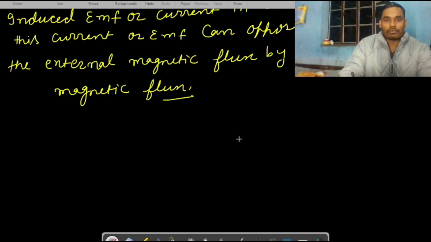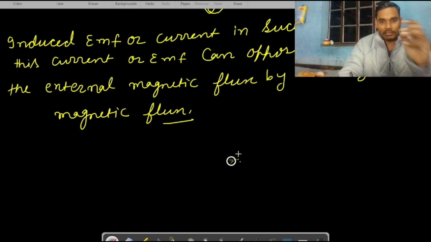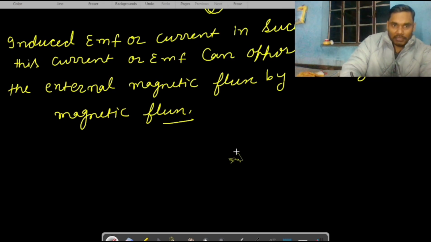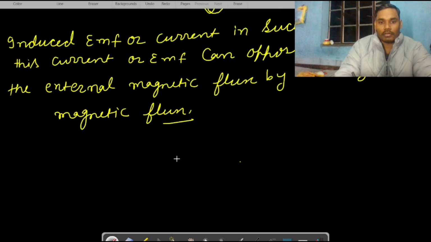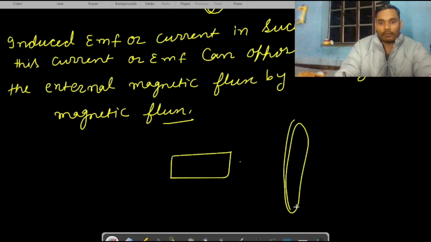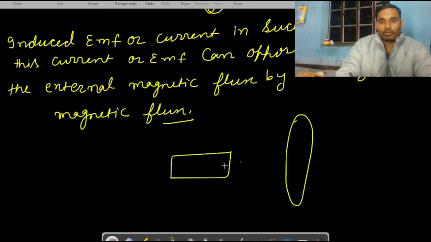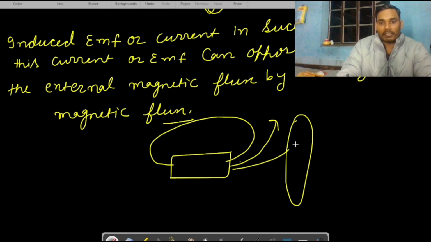Okay, so let me explain this situation. There is your magnet and there is your loop of wire. Some magnetic field lines of this bar magnet will pass through the cross sectional area of your loop of wire.